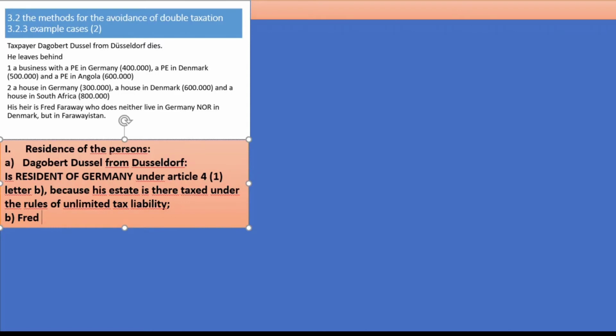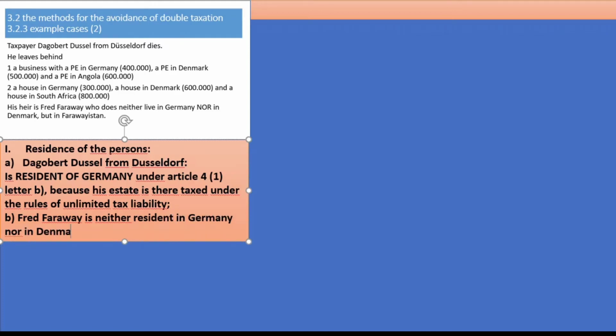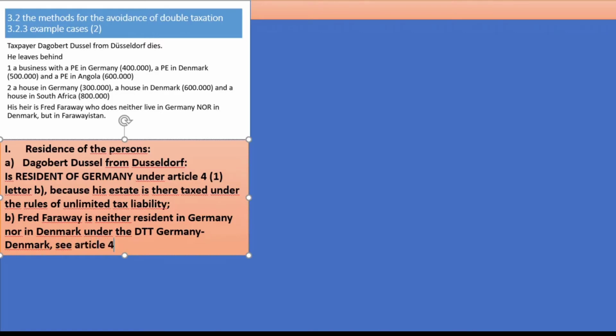And Fred Faraway is neither resident in Germany nor in Denmark under the DTT Germany-Denmark, see Article 4, 1, letter B.